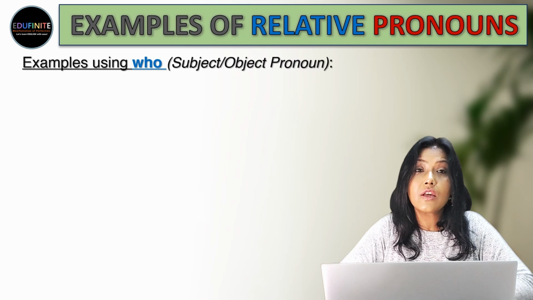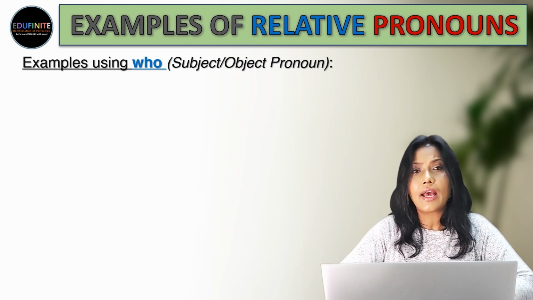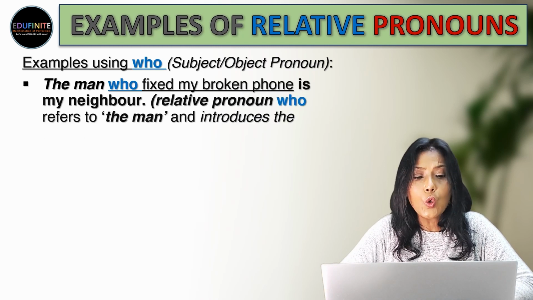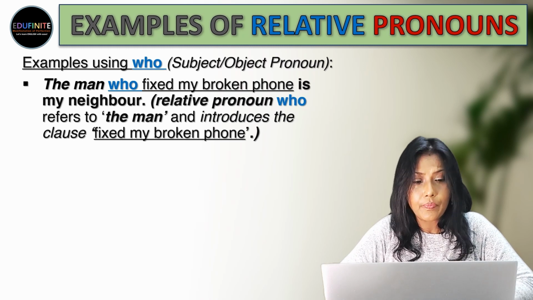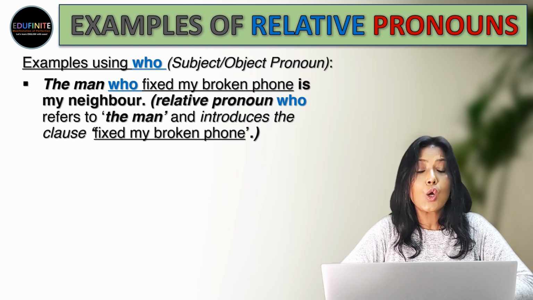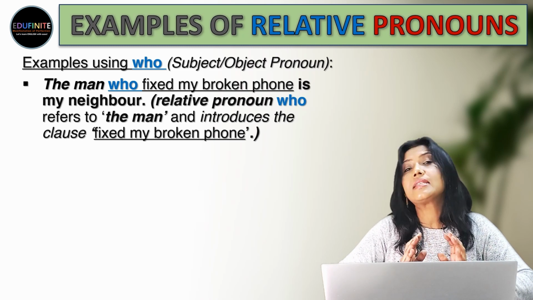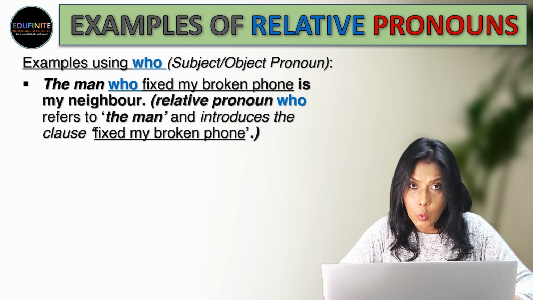So examples using who, which is used as a subject pronoun as well as an object pronoun. The first one is, the man who fixed my broken phone is my neighbor. So here in this sentence, who fixed my broken phone is the dependent clause headed by the relative pronoun who.